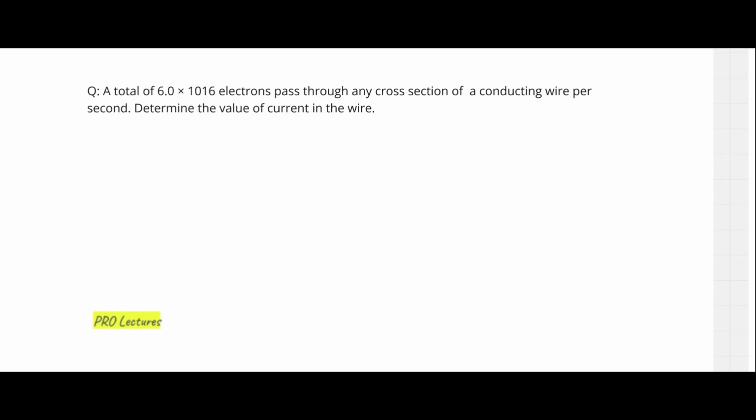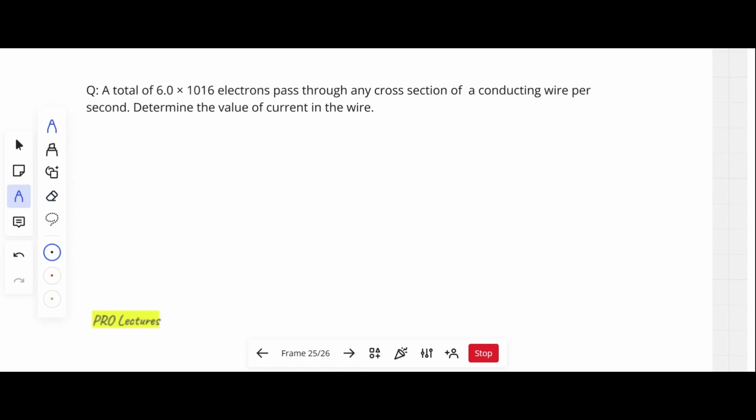So here we can ignore the components like drift velocity and all. So the total charge ΔQ is n into e, which is 6 into 10 to the power 16 into the charge of the electron, 1.6 into 10 to the power minus 19.